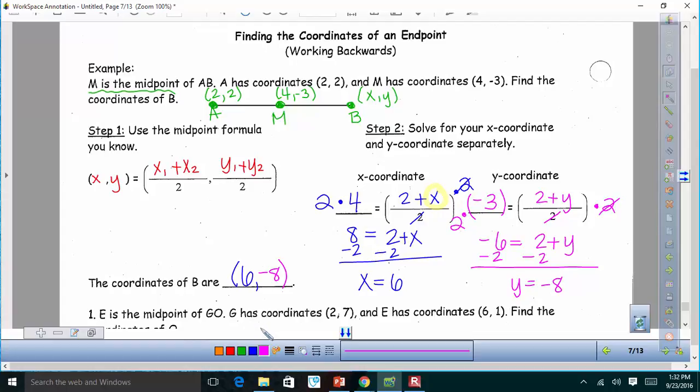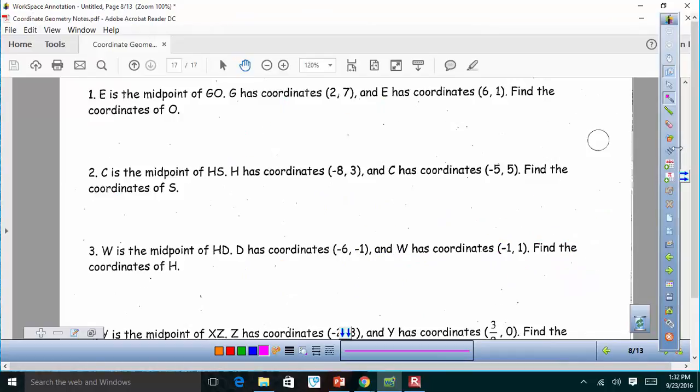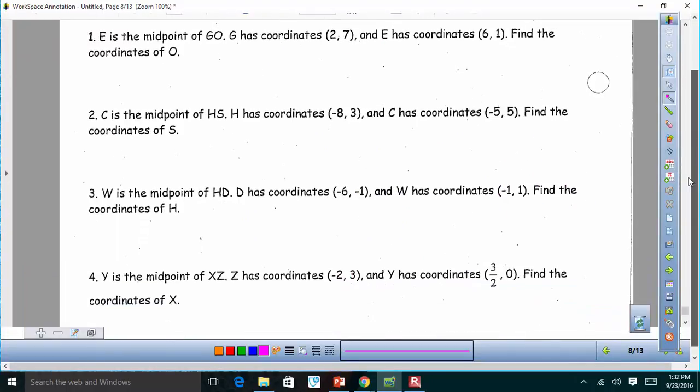We're going to try another example of that just to make sure we got that process. So let's look at number 1. The first thing that I want to do is to draw my line so I can see what's my midpoint, what's my endpoint. So I have line GO.